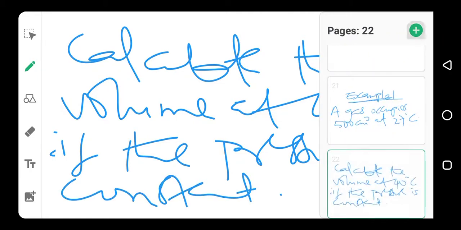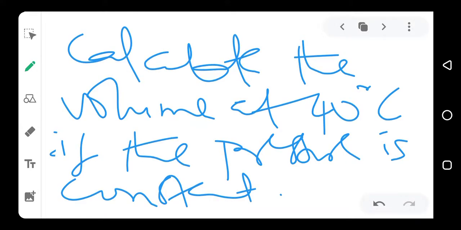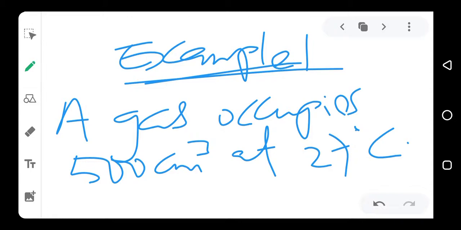Now solution. A gas occupies 500 cm cube. The first volume, 500 cm cube, we call this volume 1 or V1 at a temperature of 27 degrees Celsius.